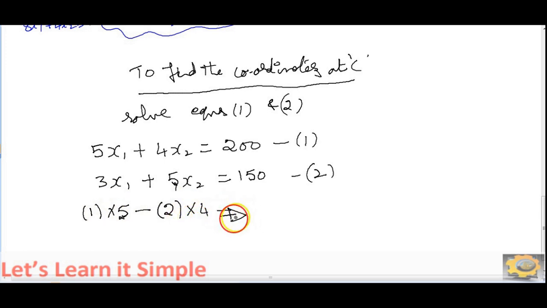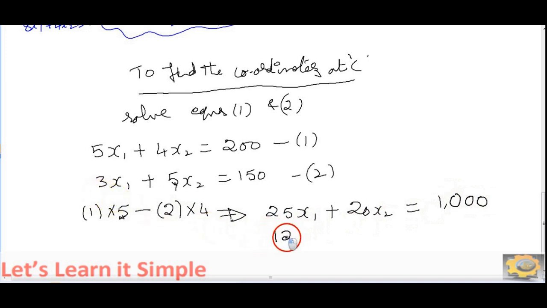Equation 1 multiplied with 5 gives 25x1 plus 20x2 equals 1000. The second equation multiplied with 4 gives 12x1 plus 20x2 equals 600.